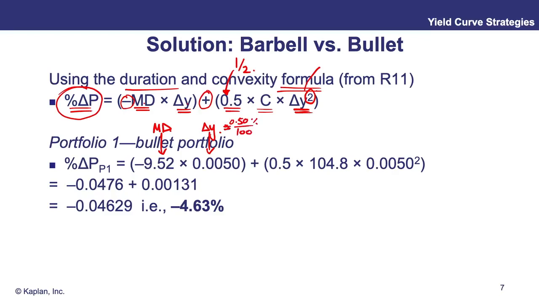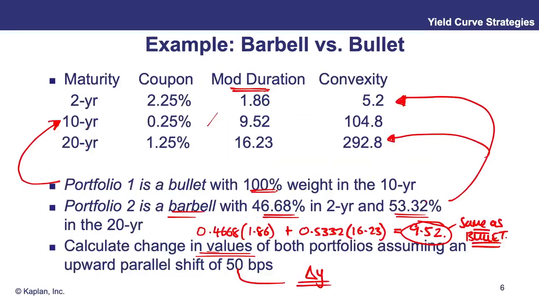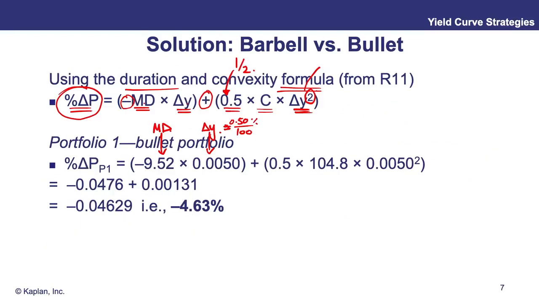Then we're going to add 1/2 of the convexity of the intermediate bond, which was 104.8, multiplied by 0.005 squared. These numbers are just coming from the table here, we're lifting them straight out of the table. There's no mystery as to where they're coming from. We use them in this equation we've used many, many times before, and we see, unsurprisingly, that if we think rates are going to shift up, overall we're going to lose money on our bond.